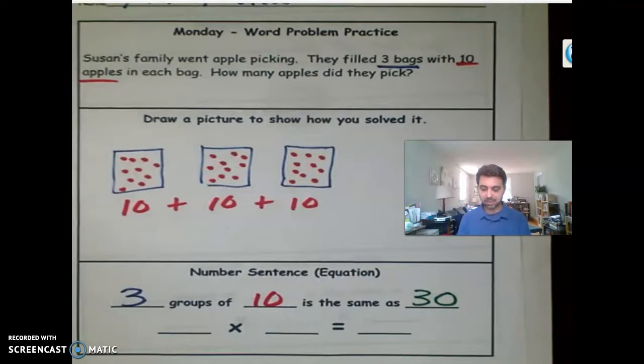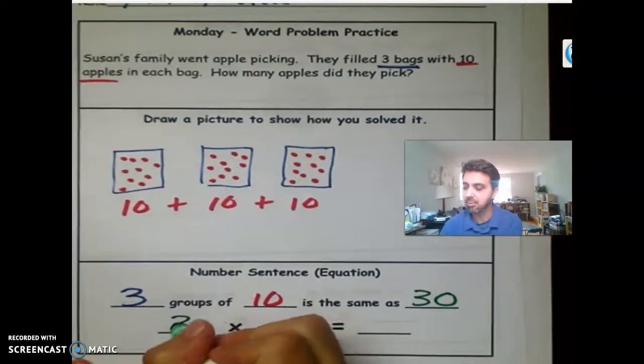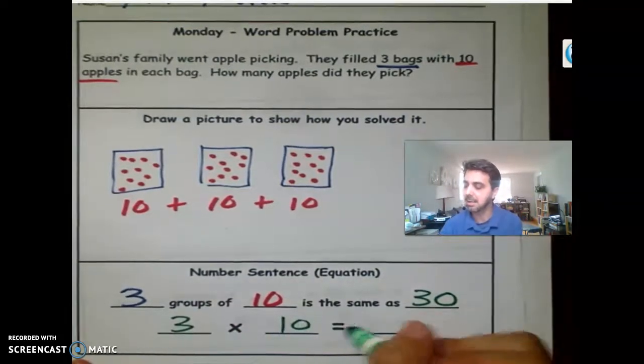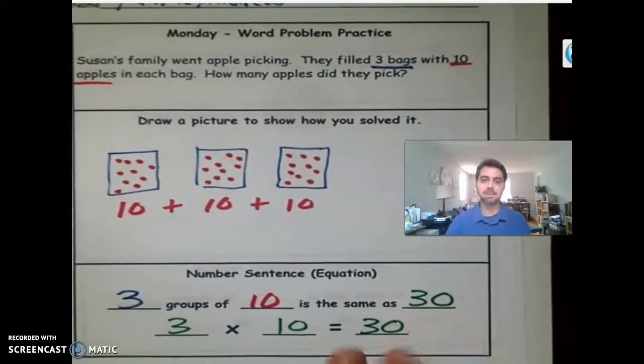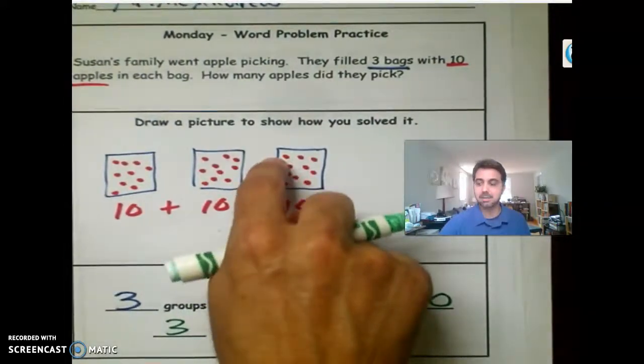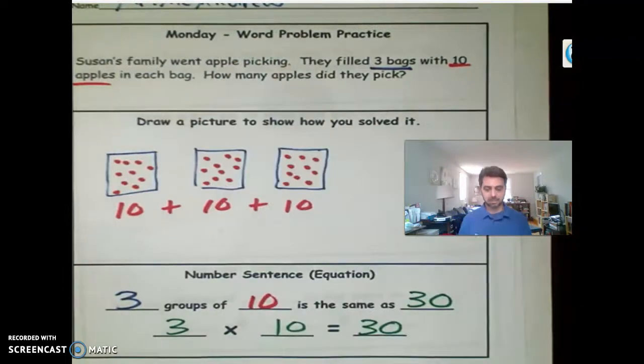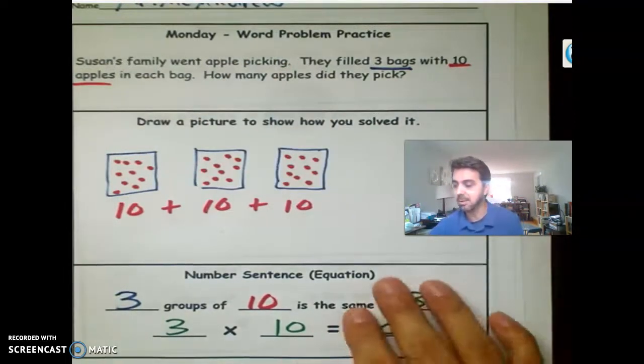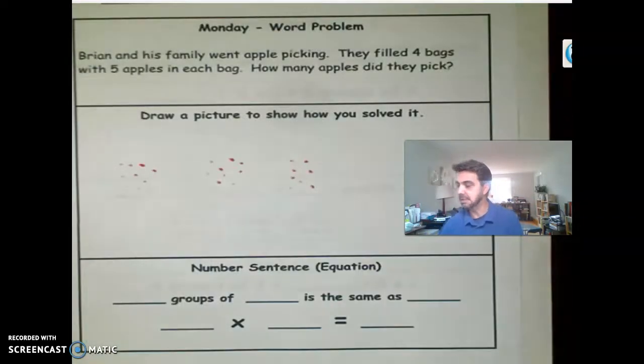So our multiplication sentence is simply 3 times 10 equals 30. This is our picture of it, and this is our word problem. Okay, so let's go to the next one. Turn your page, please.